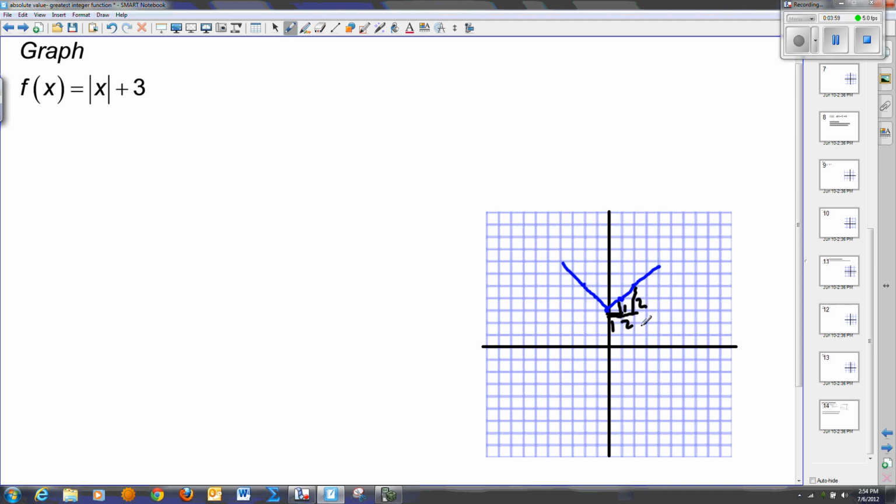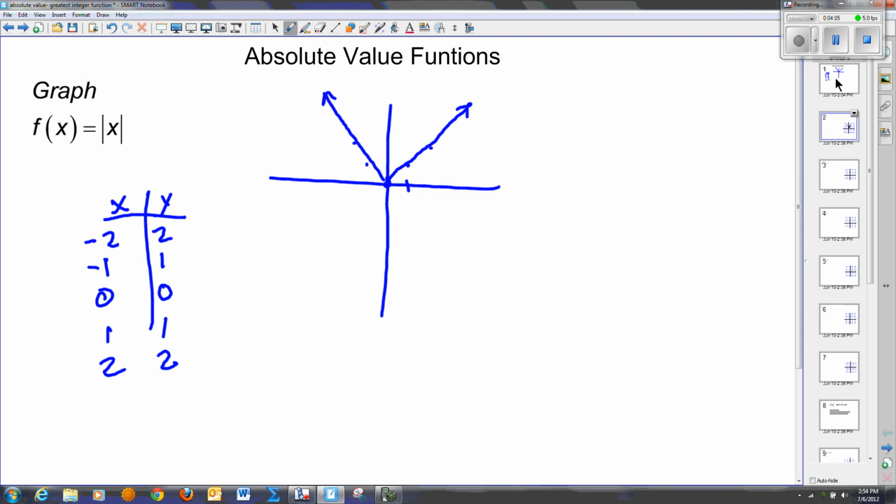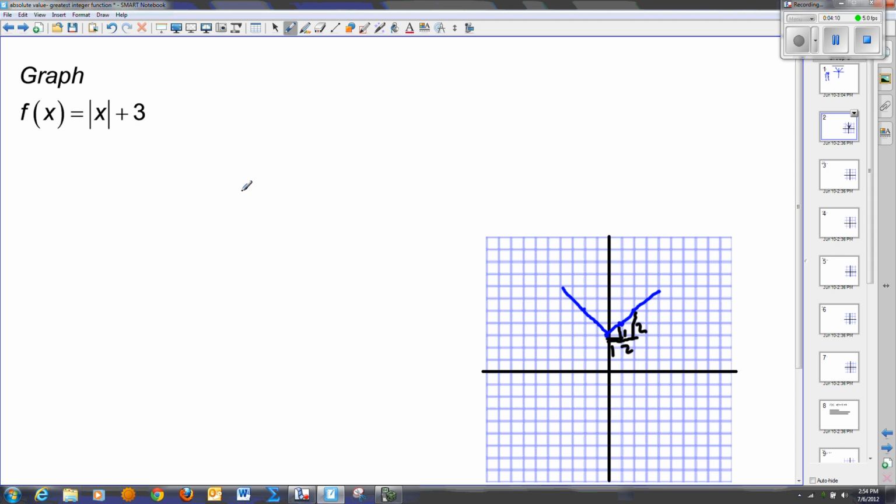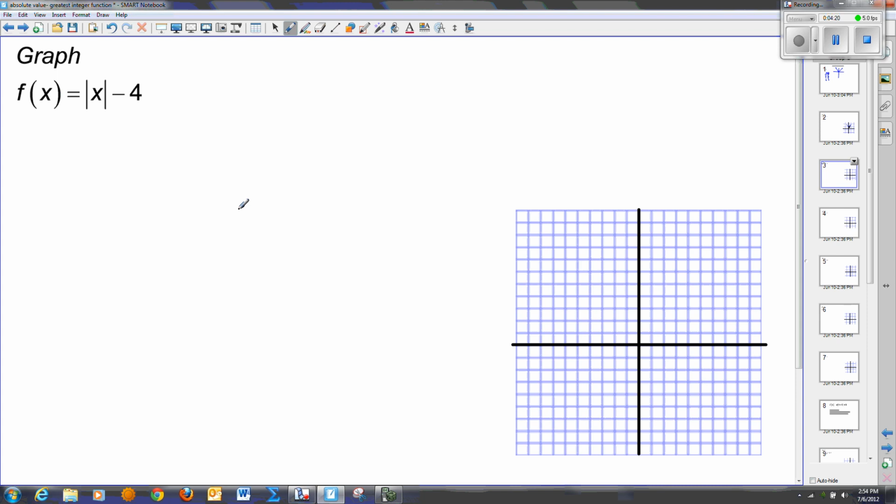Just like in our previous graph of the absolute value function that we had to start the day off. We went over 1, up 1, over 2, up 2. Well, now we've translated this graph, if you will, up 3, and then graphed the same basic absolute value graph from there. Moving on to the next graph, we have the absolute value of x minus 4.